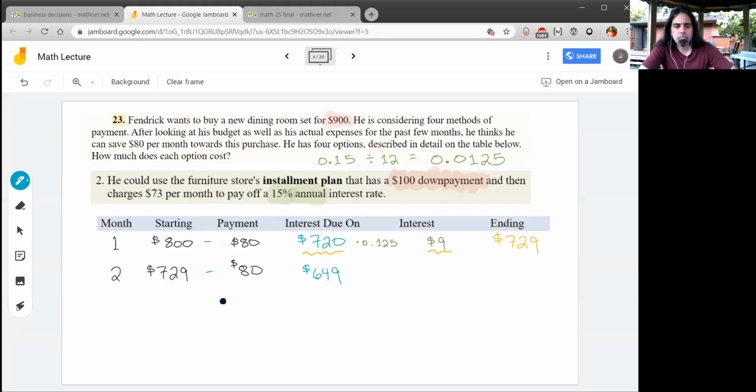Can I do that right? I'm writing things wrong. One moment. I think I did it right in my calculator, but I'm leaving out a 0 there.